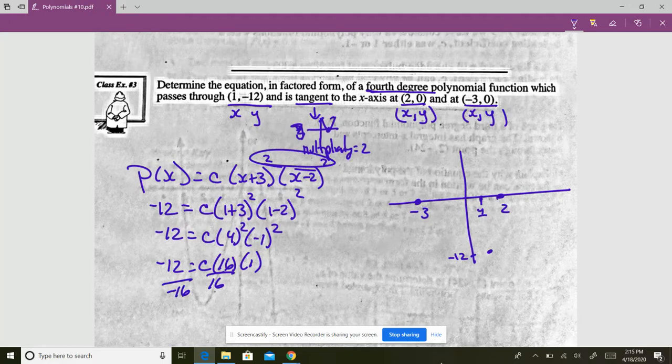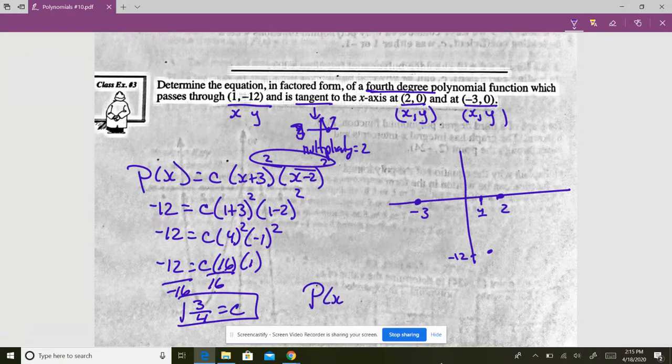Then reduce 12 over 16. 4 goes into both of those, so that'll reduce to 3 over 4 is equal to c.